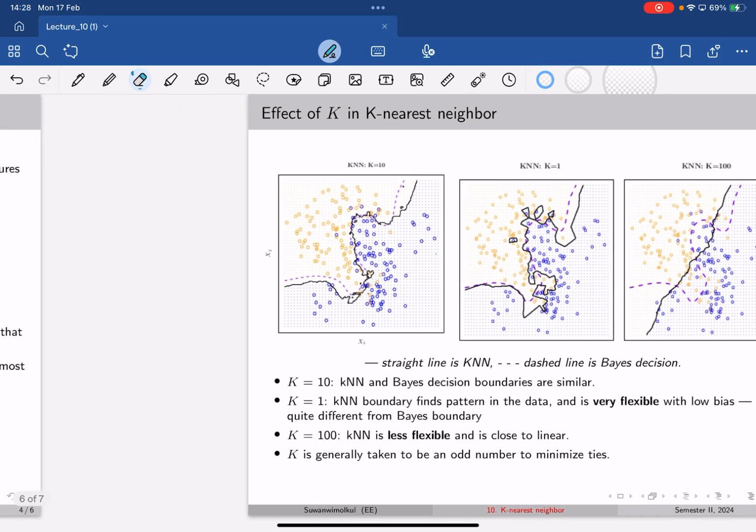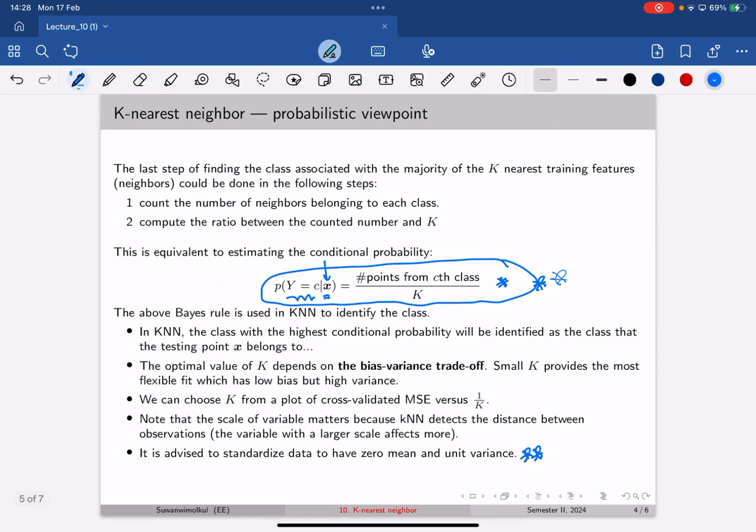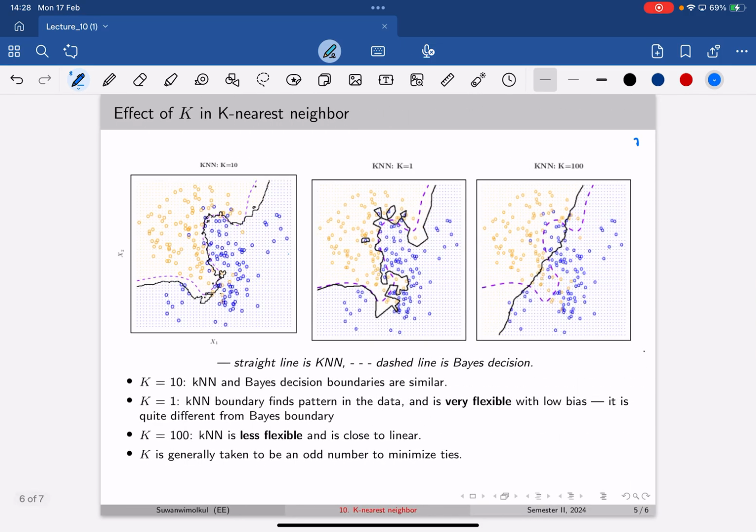And the details, you can find in here. There's a little bit about bias and variance. If you look at the result, when K is small, like equal to 1, you have a very delicate decision.